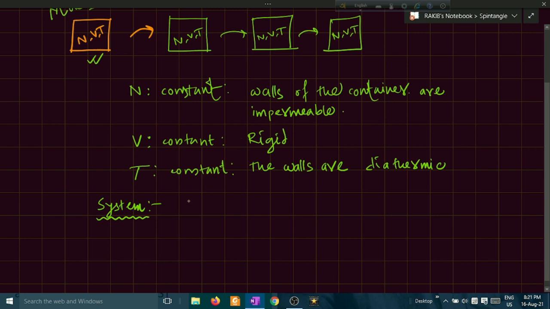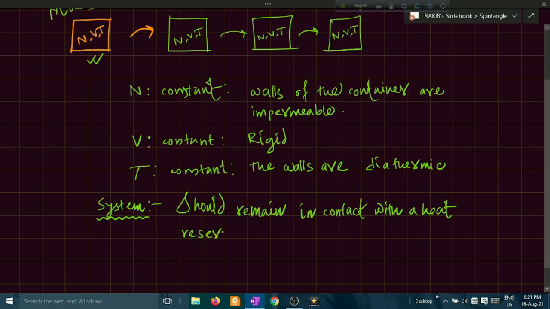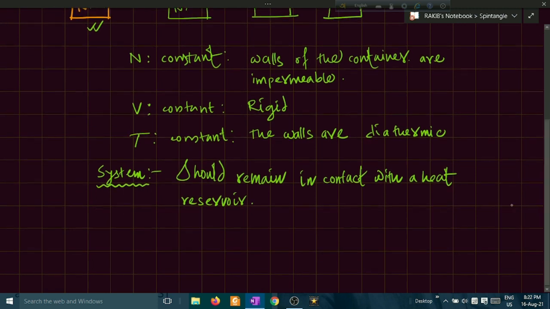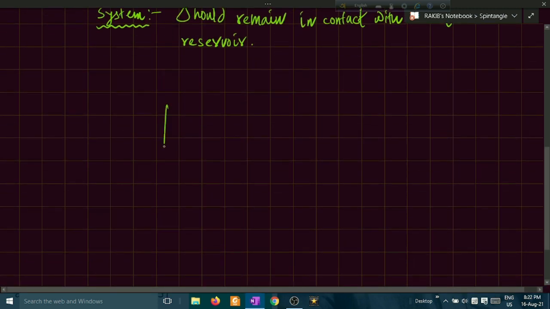The system should remain in contact with a heat reservoir. What does that mean?